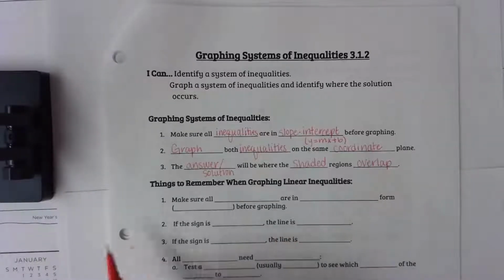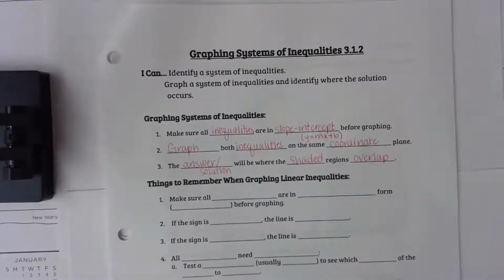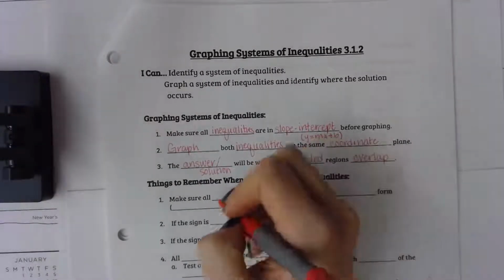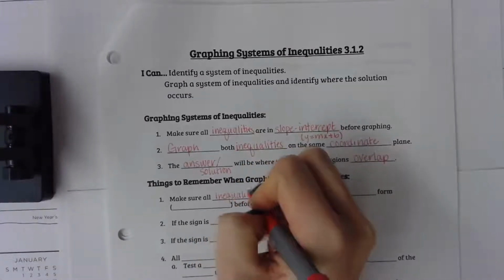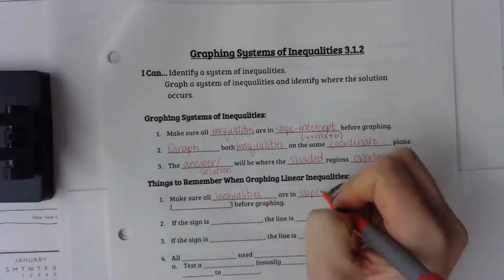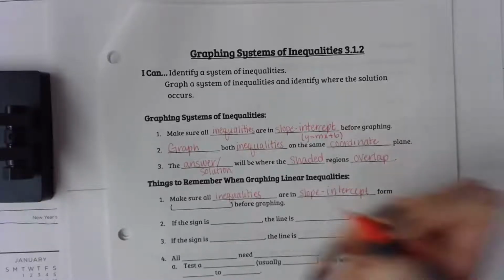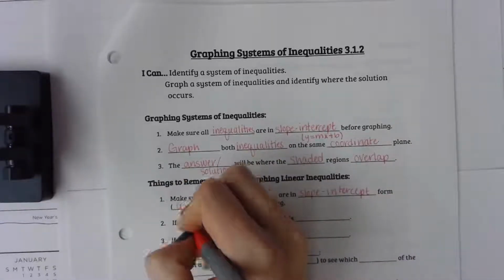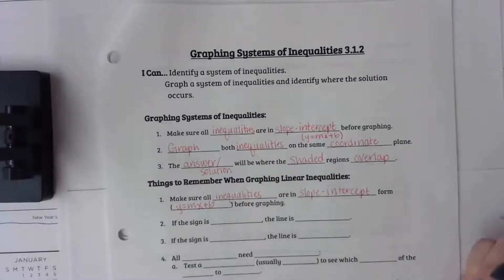Okay, so some things to remember just with graphing linear inequalities. Again, this should be similar to last time. So again, make sure that all of your inequalities are in your slope intercept form, which is that y equals mx plus b before graphing.